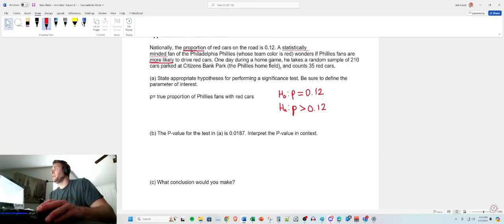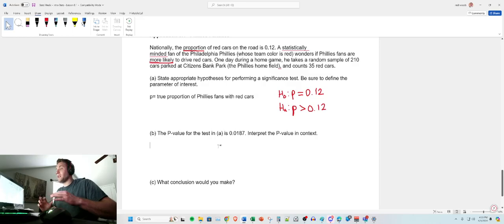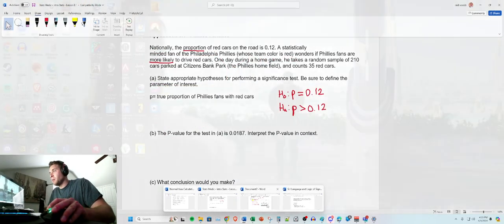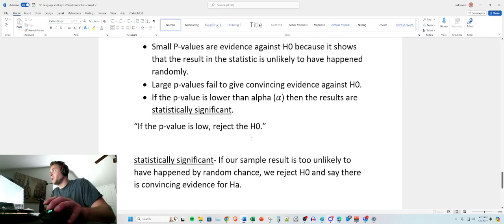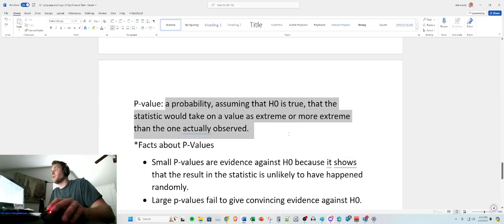So part B says that the p-value, which we are going to calculate ourselves, the p-value is 0.0187. We want to interpret this p-value in context. So we're going to repeat our definition from yesterday, which we wrote about here. We said a p-value is the probability, assuming that the null is true, that the statistic would take on a value as extreme or more extreme than the one actually observed.